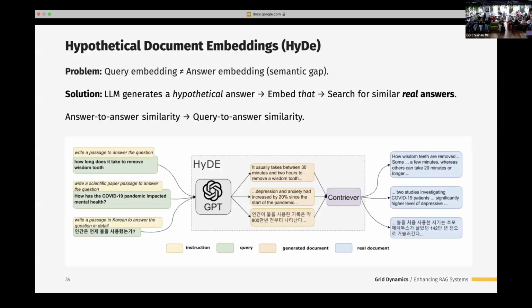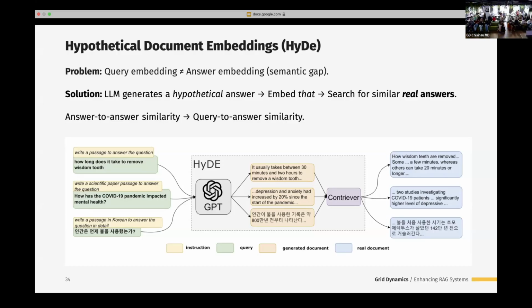First, it's hypothetical document embedding. You can see we try to use our query to find the right chunk. But this is not always good. Why? Because there can be a semantic gap between our query embedding and the answer embedding. So what we try to do is use LLMs to first generate a hypothetical answer and then embed that hypothetical answer. This increases the chances of finding a real answer.